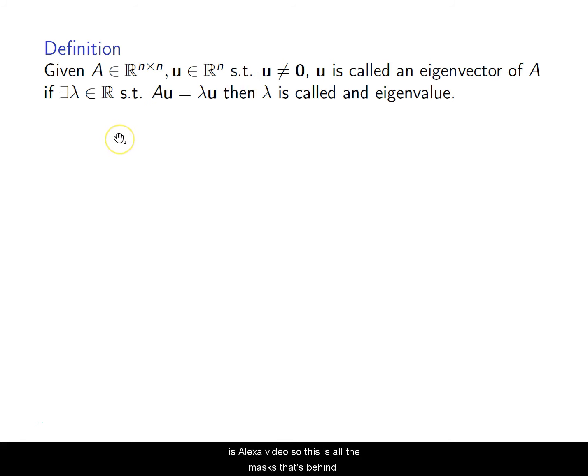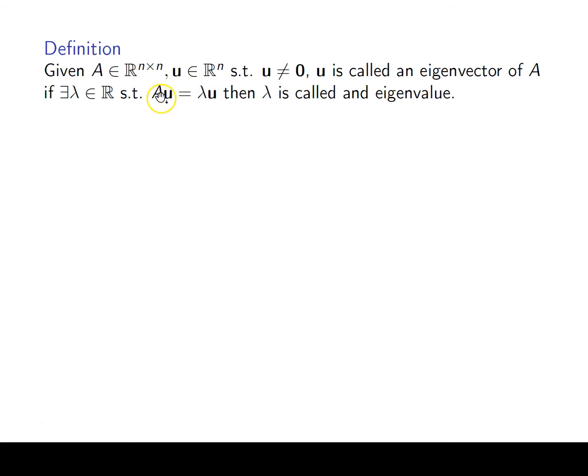Of course, this is a lecture video, so this is all the math that's behind it. If this is true, then lambda is called an eigenvalue. So let's go through that one more time. A is an n by n matrix. U is an n size vector that's not the zero vector.